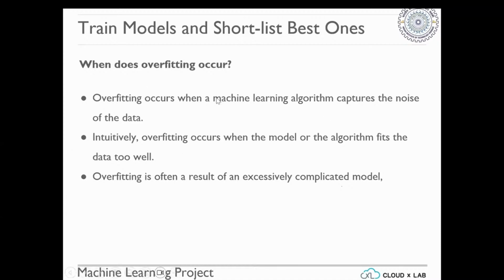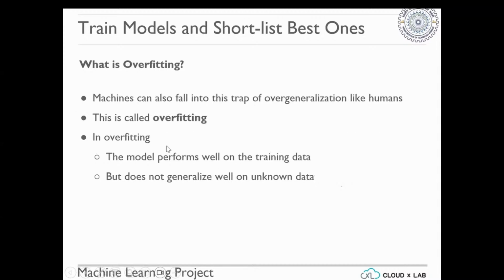Overfitting occurs when the model or algorithm fits the data too well, or what you can say, it fits the noise present in the data. This is why in case of overfitting we are getting very good training accuracy. The model performs very well on the training data because it has memorized everything. It has memorized every pattern present in the training data. So that's why we are getting very high performance on training data, right?